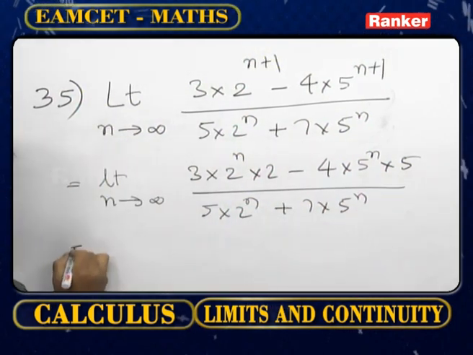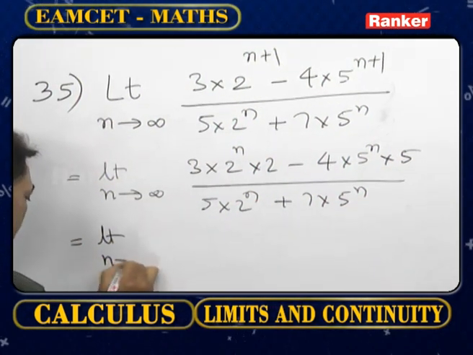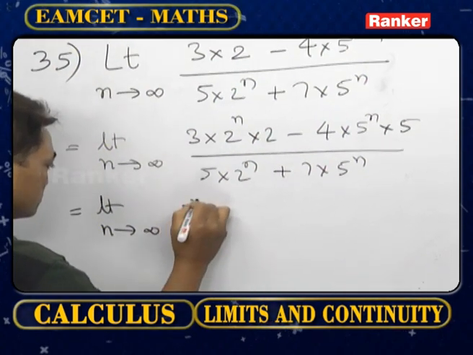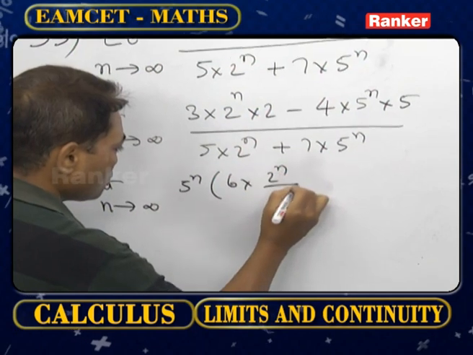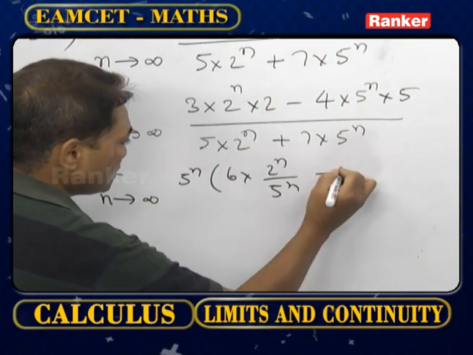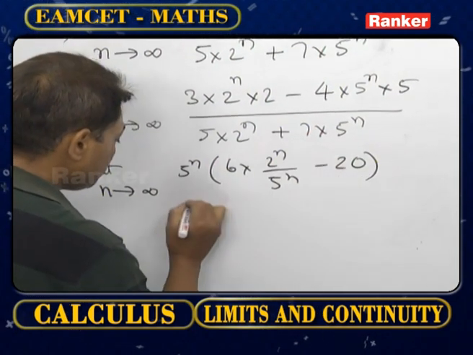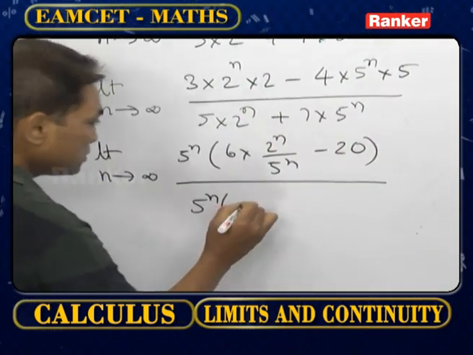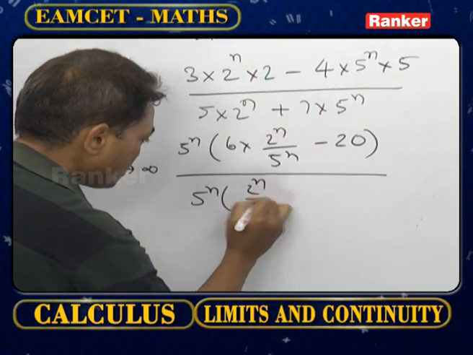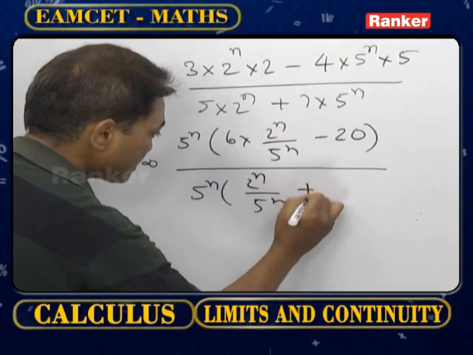Now, take 5 power n common from the numerator. Then this becomes 6 into 2 power n by 5 power n, and this is 4 fives are 20. Same in the denominator, take 5 power n common. So, this becomes 2 power n by 5 power n plus 7.